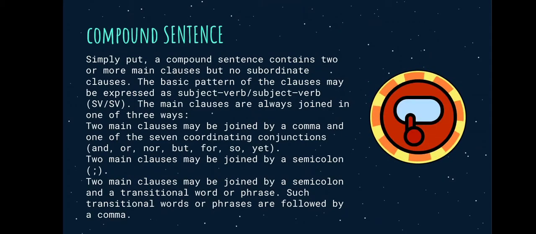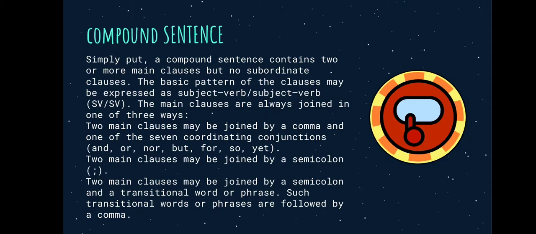The second is the compound sentence. Simply put, a compound sentence contains two or more main clauses, but no subordinate clauses. The basic pattern of the clauses may be expressed as subject-verb, subject-verb. The main clauses are always joined in one of three ways.